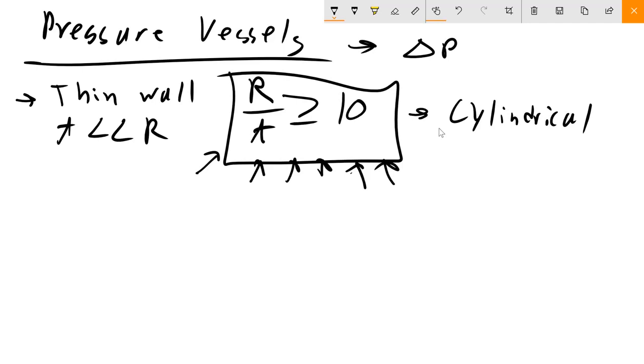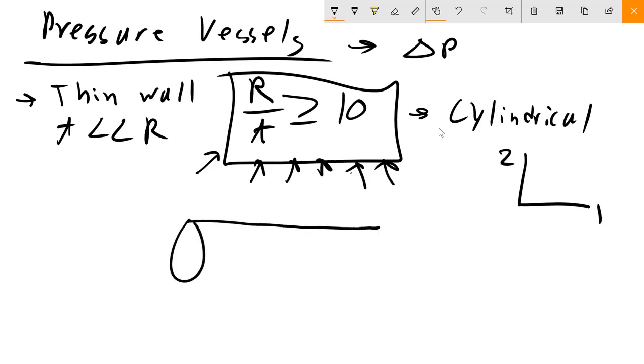Now, if we have a thin wall, let me draw my pressure vessel really quickly here. Again, I always want to have my coordinate system in place. So here is my attempt at drawing a cylinder. Not too bad. You've seen my other horrible drawings, so this is a step in the right direction. Once you have this thin wall approximation, the problem reduces to a 2D stress problem.